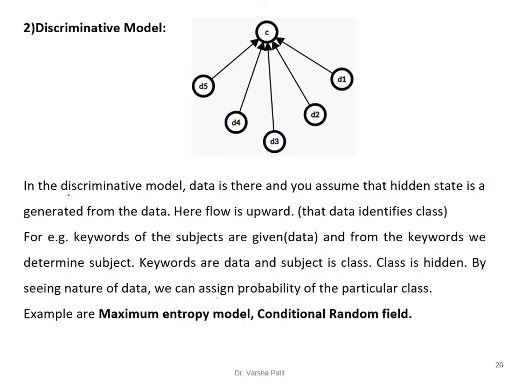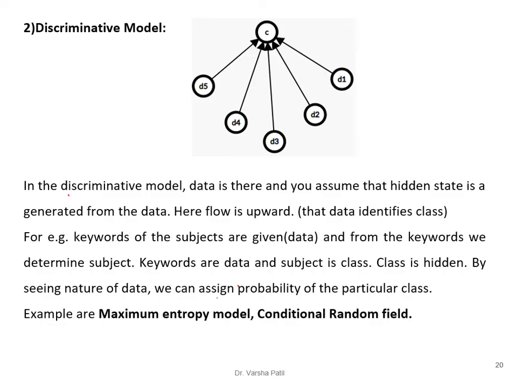Now the discriminative model. The discriminative model is exactly opposite. The arrow is upward, and here the data identifies the hidden class. In the discriminative model, data is there and you assume that the hidden state is determined from the data. Here the flow is upward, that is, data identifies the class. For example, keywords of subjects are given and from the keywords we determine the subject.